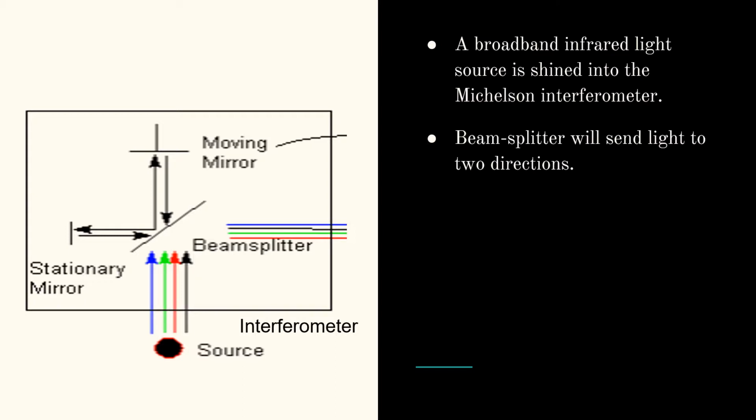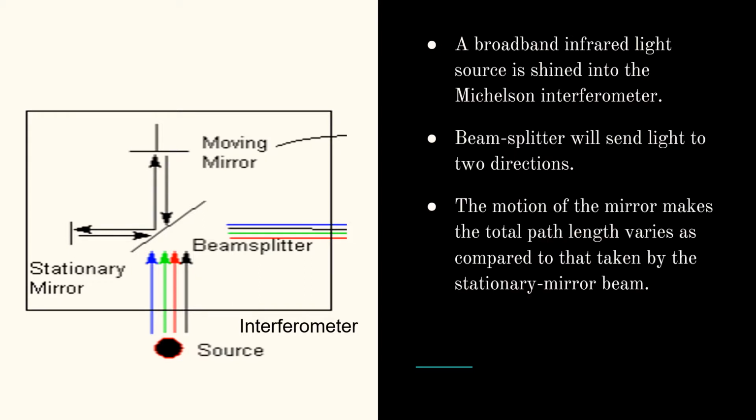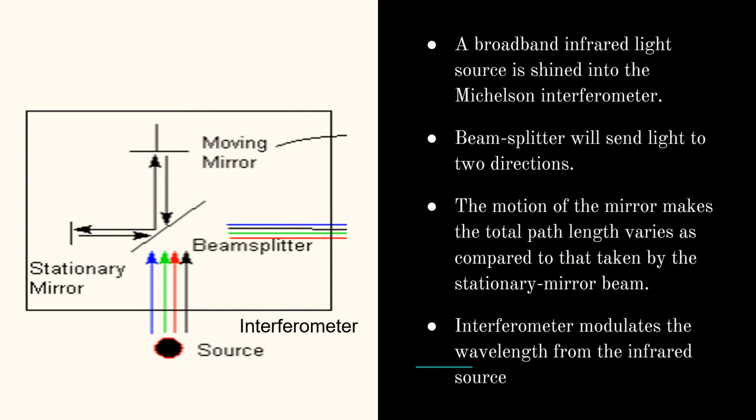One beam goes to a stationary mirror, then back to the beam splitter. The other goes to a moving mirror. The motion of the mirror makes the total path length vary as compared to that taken by the stationary mirror beam. The FTIR spectrometer uses the interferometer to modulate the wavelength from the broadband infrared source.